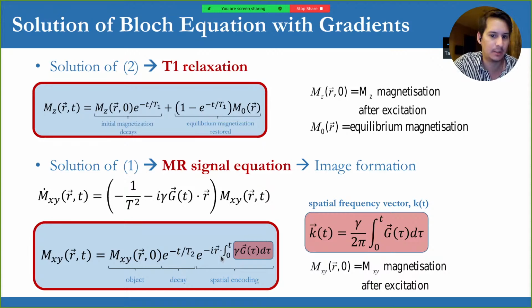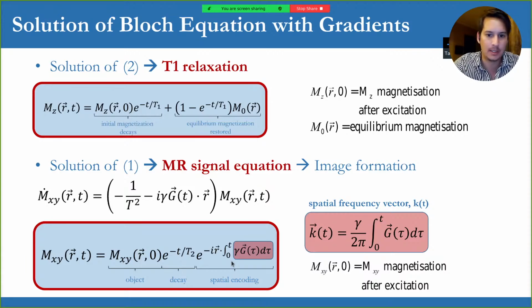And that rotation depends on the gradients. If we assume that the positions of the spins are constant, then the term r, or position, that was inside this integral goes to the outside.